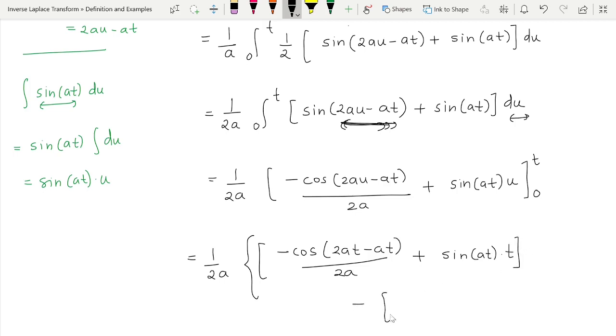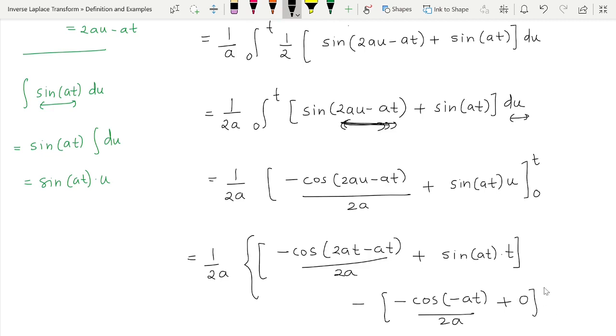Now put the lower limit. Lower limit means you are going to put the value of u as 0. So what you will have here is minus cos of minus at upon 2a, and plus, since you are putting u equal to 0, this entire term will be 0, right?